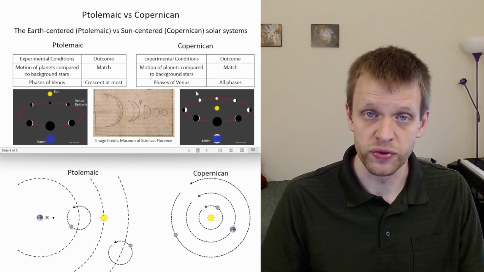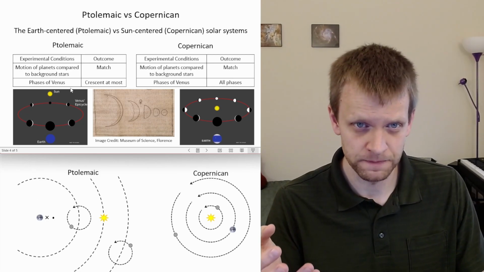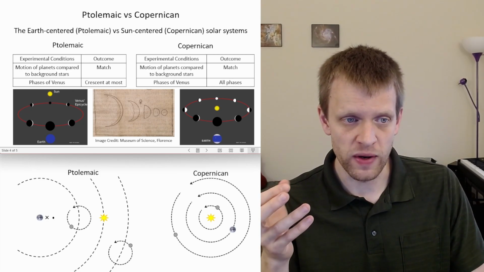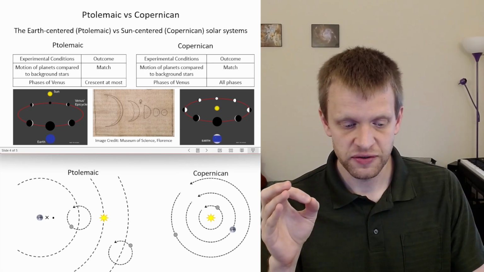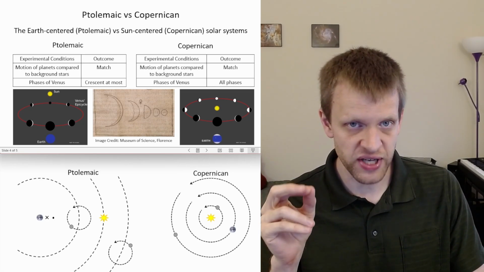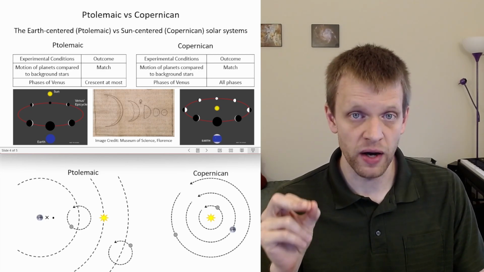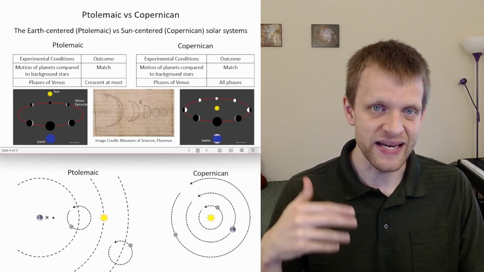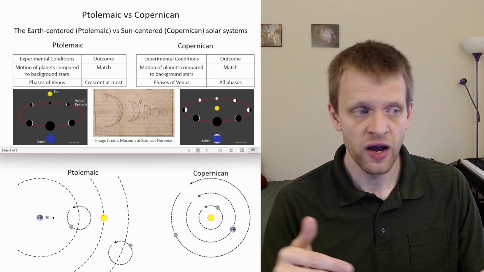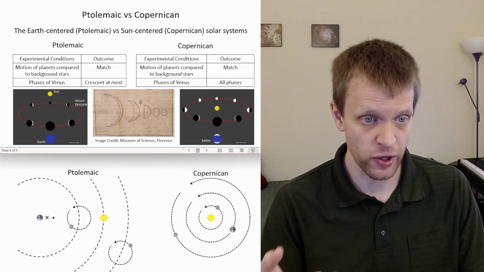It matched with the Copernican model and disproved the Ptolemaic model. So this is an example of how, if we're testing a couple of different hypotheses, we want to test them under conditions where those two models, those two hypotheses, make different predictions about the outcome of some observation or the outcome of some experiment.